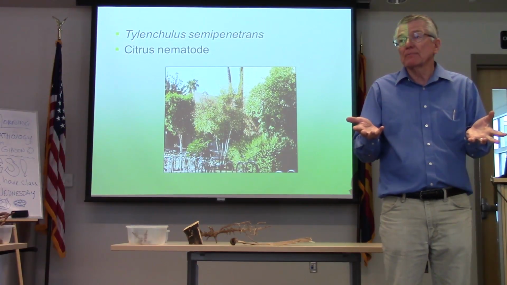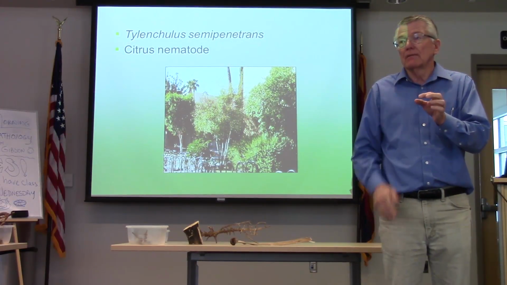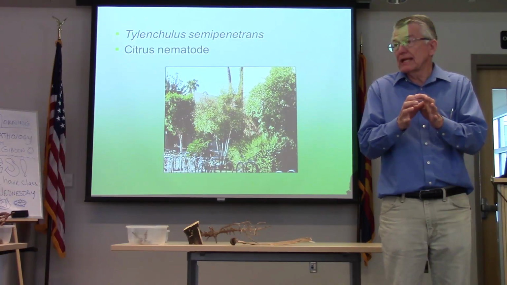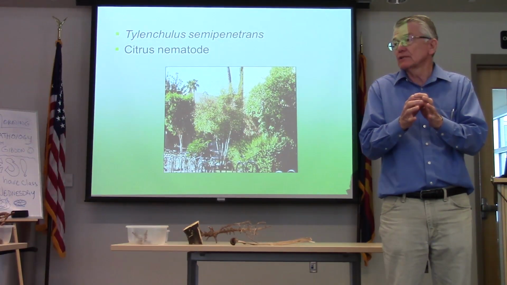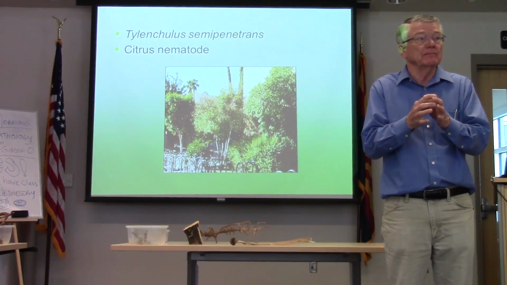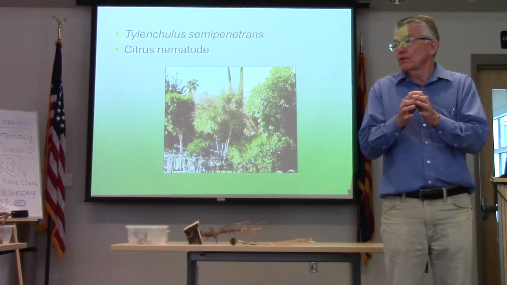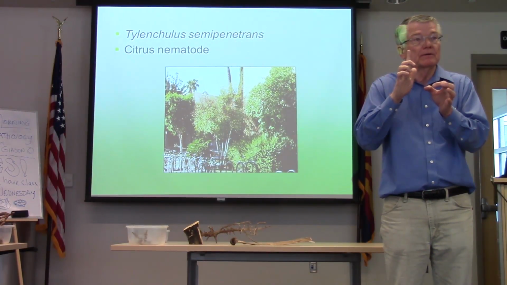With a good spotting microscope, making a cross section and putting it on the microscope stage, oftentimes you'll be able to see the white, translucent, round-shaped females inside the roots. If you're careful, you can actually take a probe and pop them out of there.